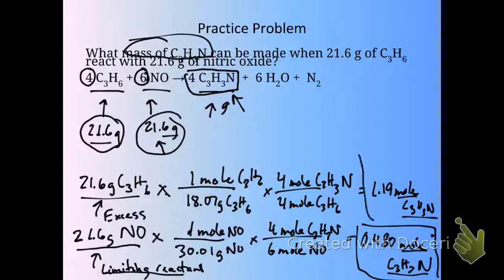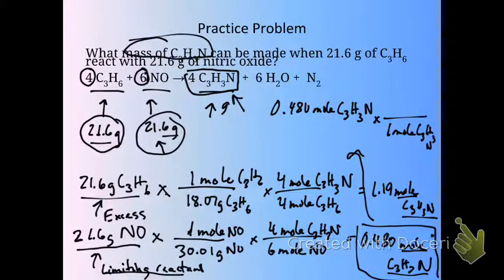So we have moles of this, so we can just take the moles and multiply by the molar mass. For every 1 mole of C3H3N, that's about 53.06 grams.